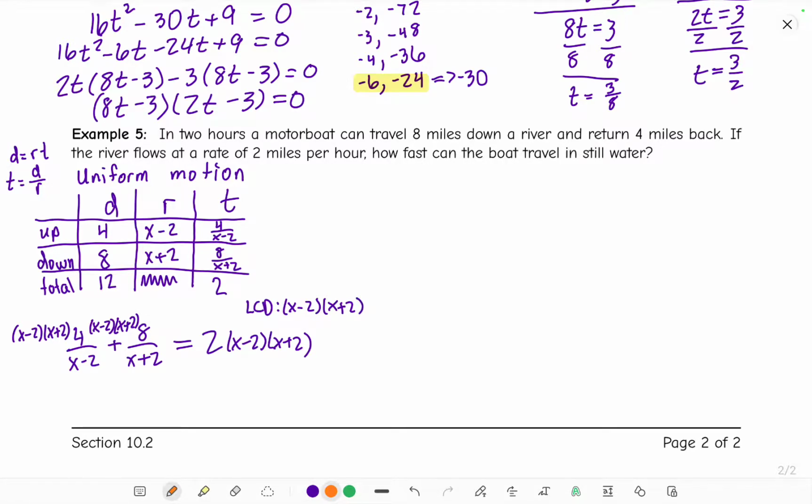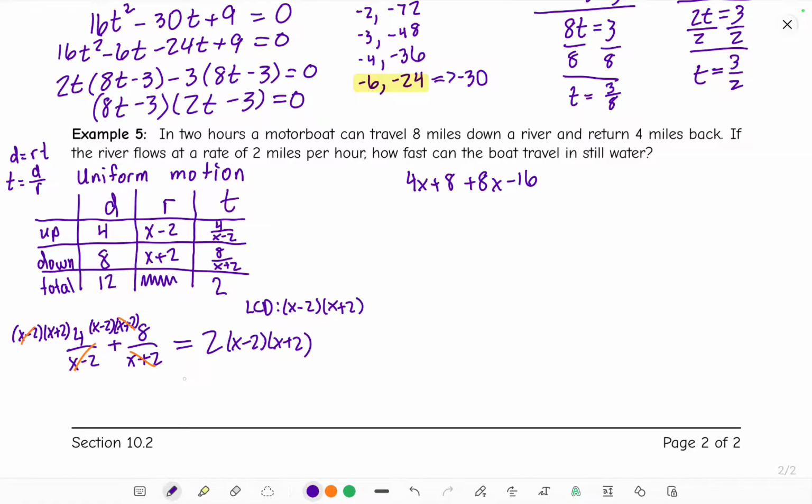So for the first one, the x minus 2's cancel out, and then 4 times x plus 2 is 4x plus 8. For the second one, the x plus 2's cancel out, and then 8 times x minus 2 is 8x minus 16. Then nothing cancels out here.